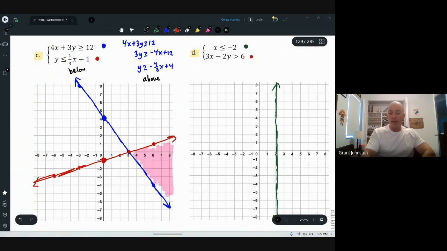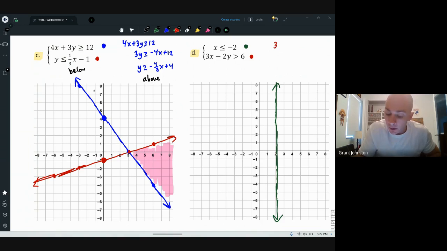It's in standard form, so I'm going to convert it. So I have 3x minus 2y is greater than 6. Subtract the 3x. I'll have -3x plus 6. Divide by -2. Now be careful. Remember, when we divide by negative, that symbol switches. So this is going to be less than now. -3 divided by -2, I'm just going to write as +3/2.